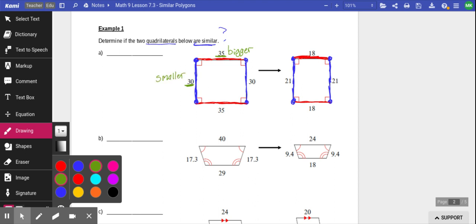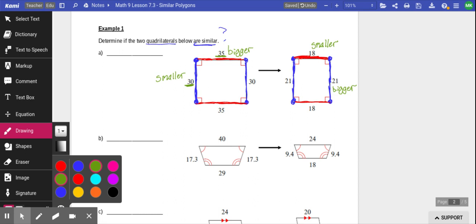If I look at my transform shape on the right, it's actually not that way because 18 is smaller and 21 is bigger. So the way that I've matched up these shapes with their line colors is actually wrong.